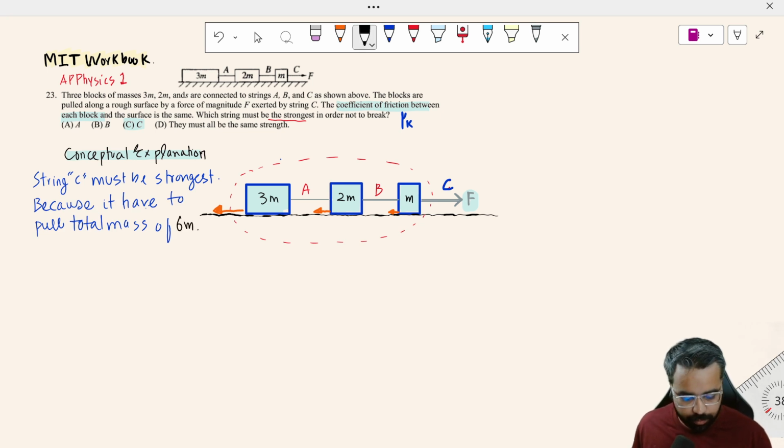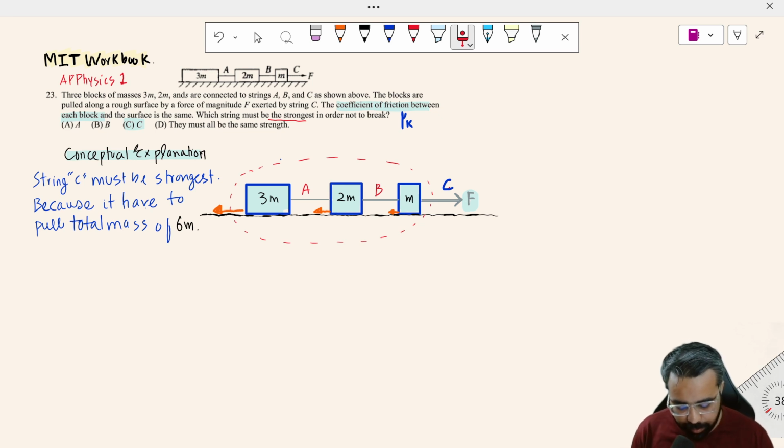That's why I have shown it visually like this: it is the strongest rope, whereas this is the thinnest because it just has to accelerate the 3m, although the acceleration of the whole system is the same.